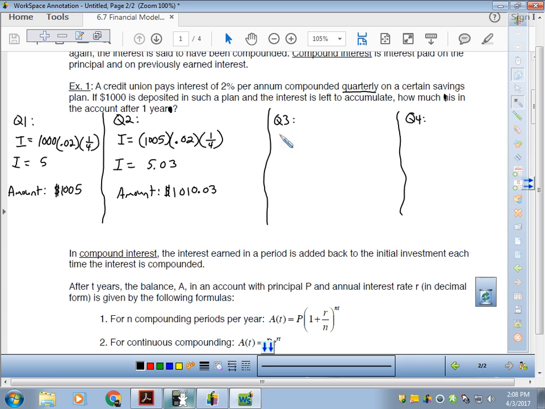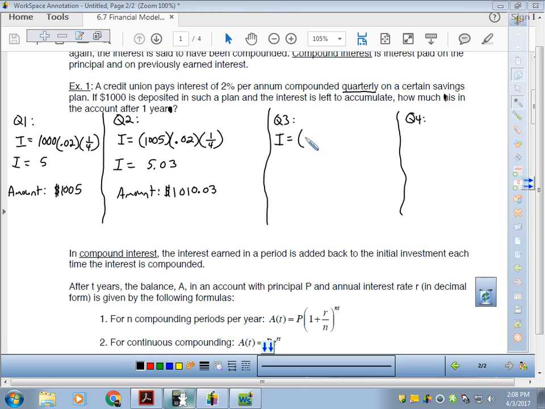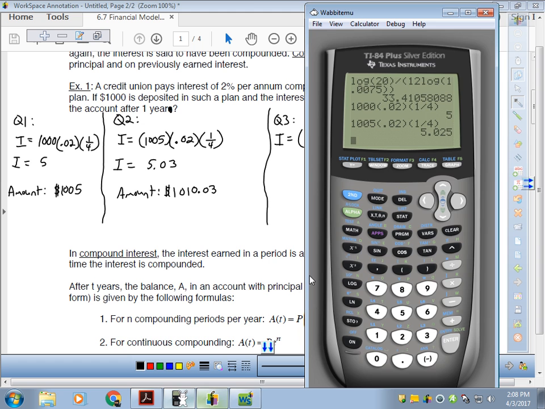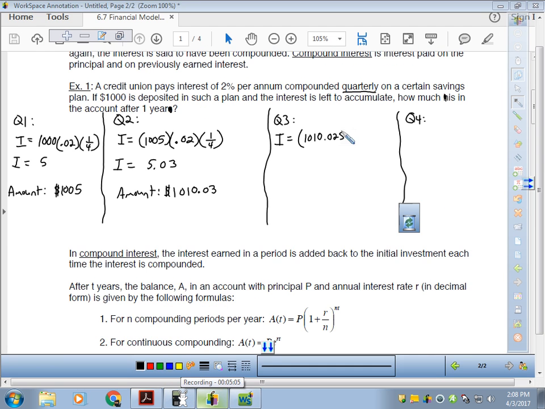Okay. So now I want to calculate the interest again. We're going to use this, but we're actually going to use the unrounded decimal, because banks usually do keep track of these decimals. So we'll have $1,010.025. That's what the decimal was, 0.025. And then we have the same interest rate, 0.02. And then we are still doing another quarter of a year, so that's 1/4.